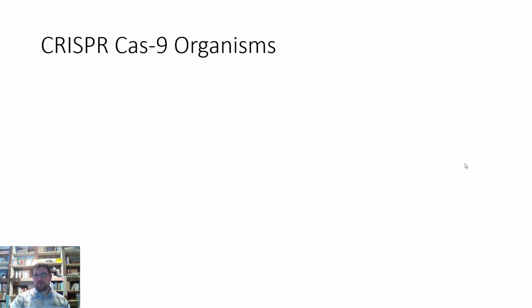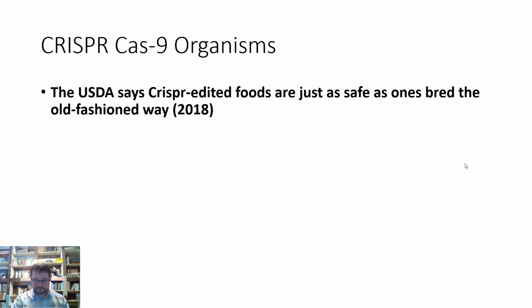I'll go through what CRISPR-Cas9 is, but I first want to start with this. In 2018, the USDA declared that CRISPR-edited foods are just as safe as ones bred the old-fashioned way. So in other words, CRISPR-edited foods are not considered GMOs, and they're not regulated by the USDA.